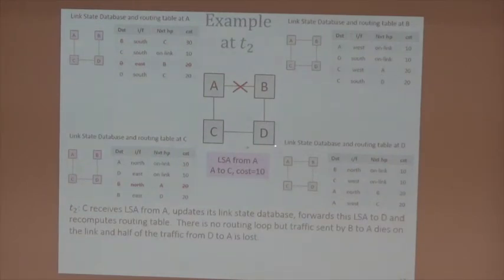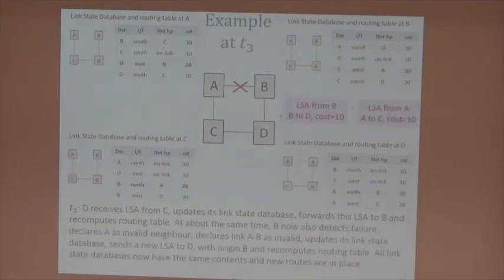but the rest of the network still doesn't know, so D continues to send some traffic to A via B here. Then D now has received this link state advertisement update from A, which was repeated by C. Therefore, D now knows about the new topology and will compute new routes.